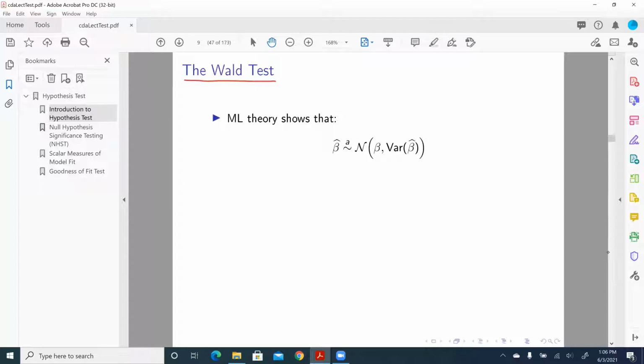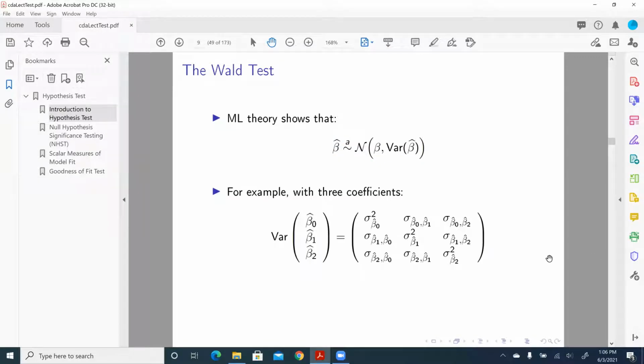So note that maximum likelihood estimation theory shows that the maximum likelihood estimators, in this case from the binary regression model, and later on from all the categorical and limited response variable models covered in this course, follow an asymptotic normal distribution, with parameters and the variance covariance matrix.